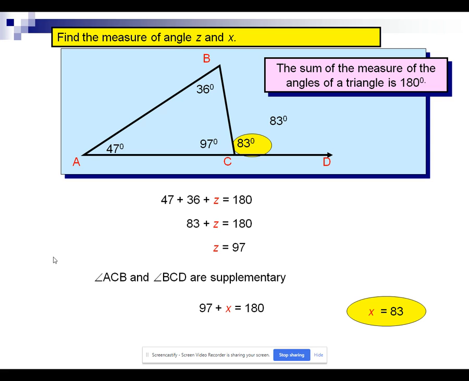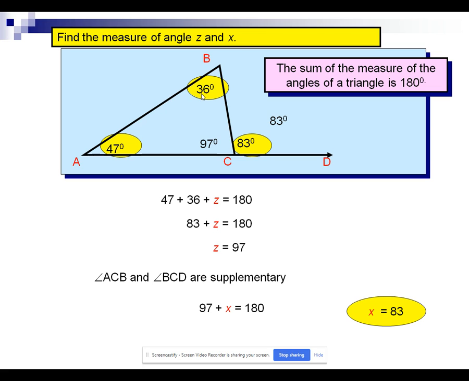Now, what if this angle is not here? There's a shortcut for you to be able to figure out the angle on the outside, and it involves these two angles. If you look at these two angles, is there anything you notice that you can use to figure out this angle?